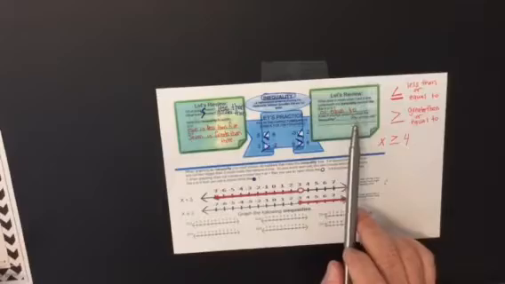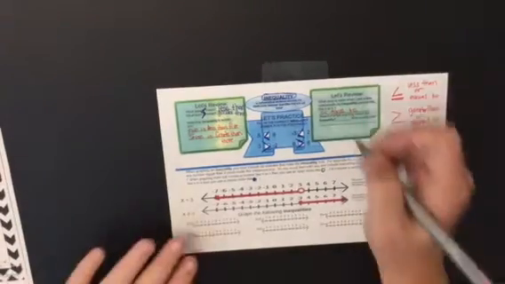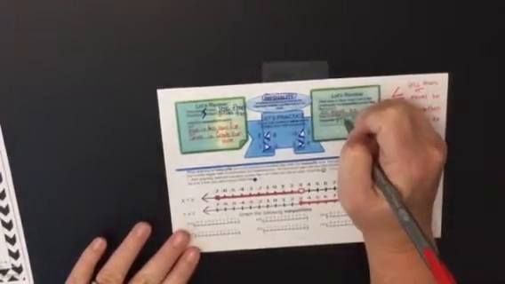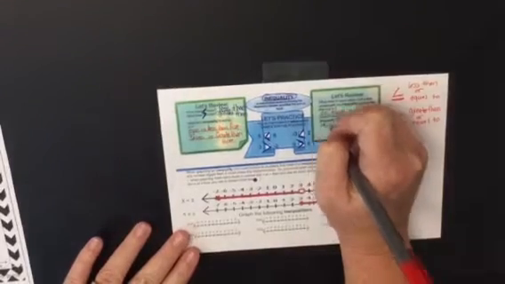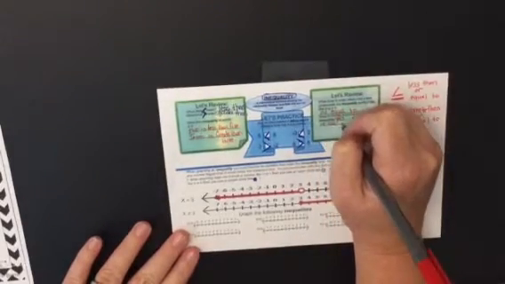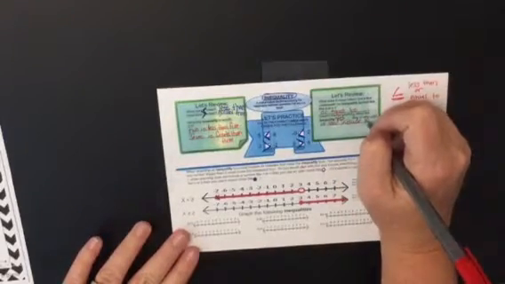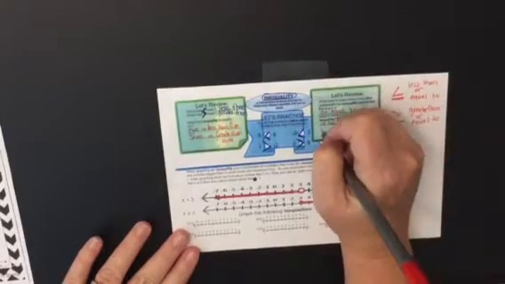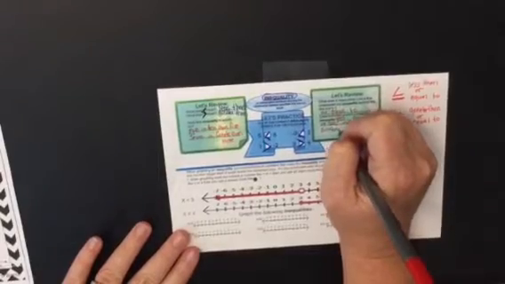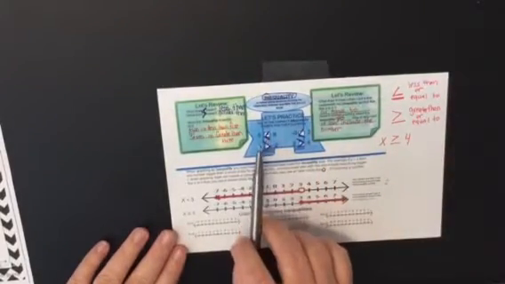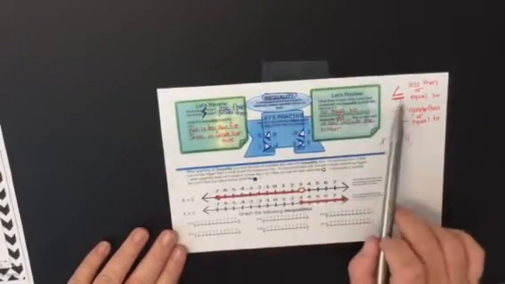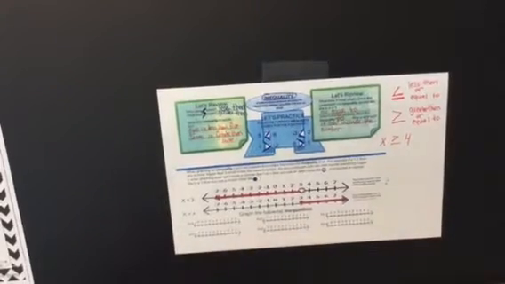All right, does it change anything about the inequality? Yes. It can include the number, whereas without that line underneath there, it cannot include that.